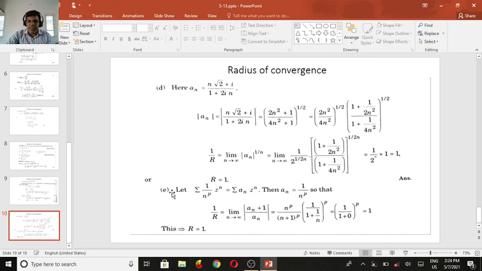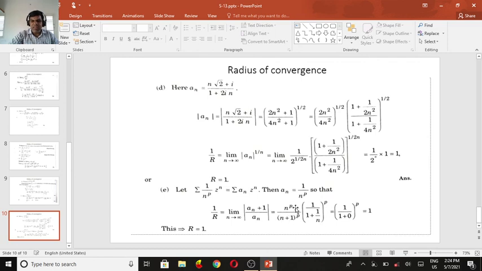Again, the limit as n tends to infinity of 1 by n raised to p times z power n, the power series summation a_n z power n, then a_n is equal to 1 by n raised to p. So 1 by r is equal to the limit of the absolute value of a_(n+1) divided by a_n, which is n raised to p divided by (n plus 1) all raised to p. So 1 divided by (1 plus 1 by n) all raised to p.